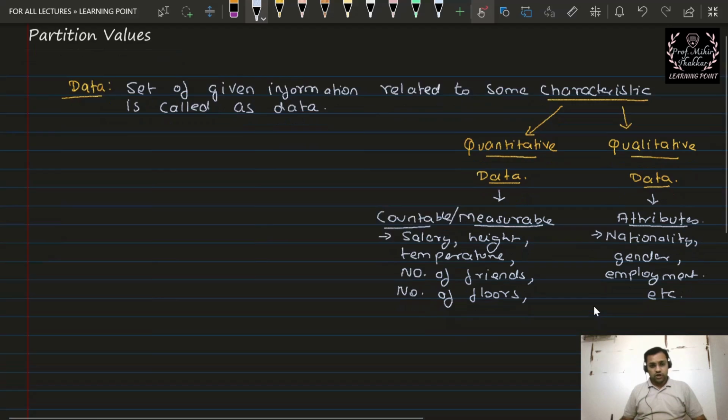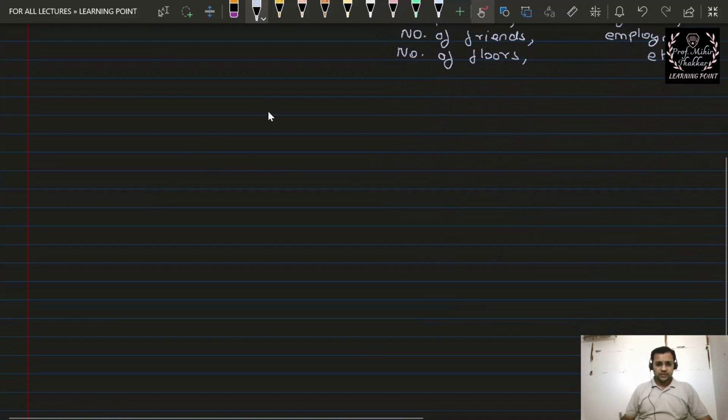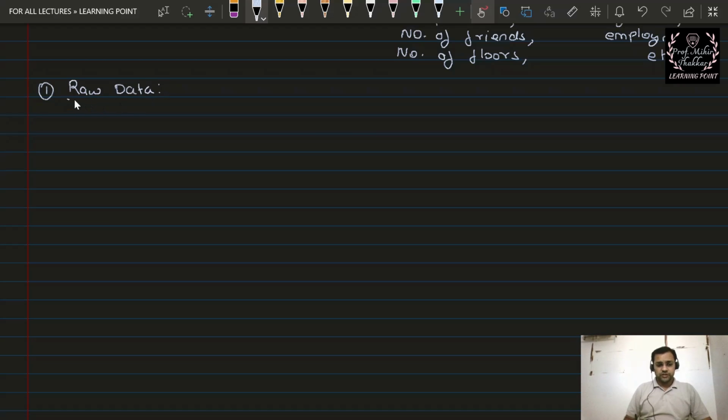Now, when we talk about the data, there are basically three types of data. The first one that we have is something called as raw data. So now what is a raw data?